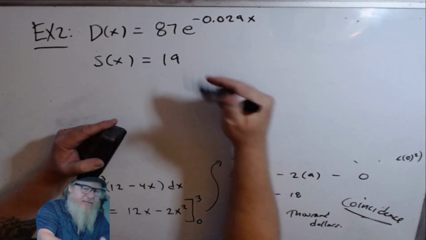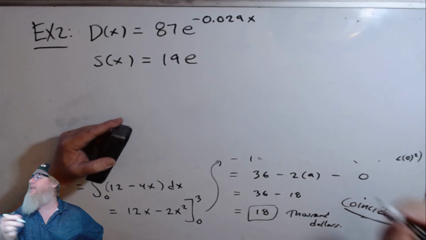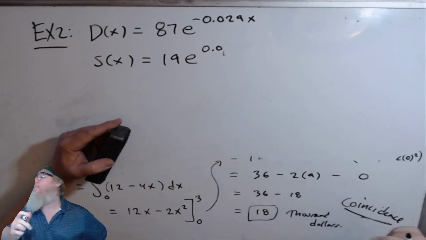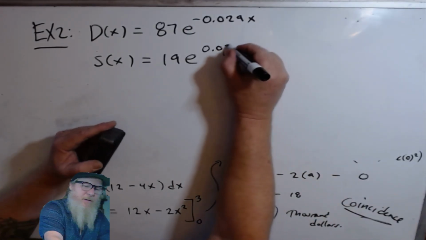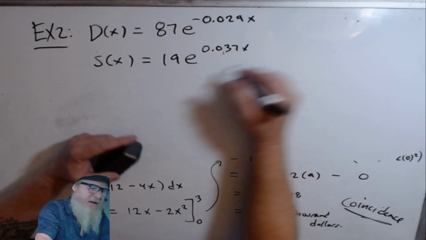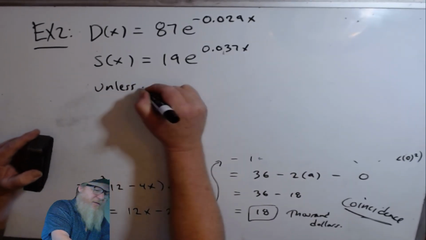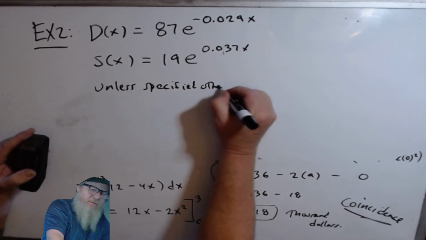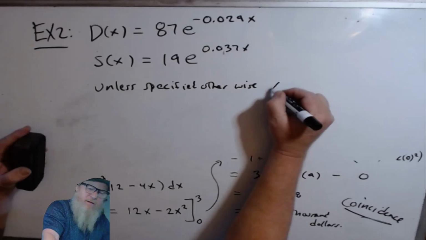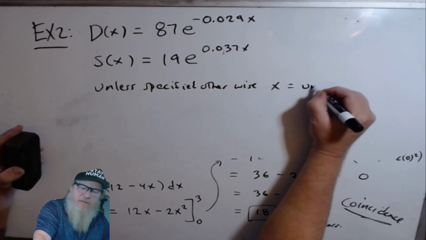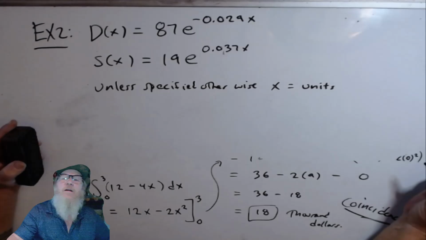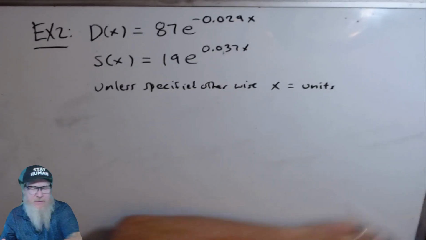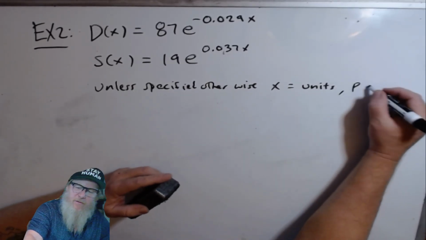Typically demand is decreasing and supply is increasing. And unless specified otherwise, X is in units, right? It's not thousands or hundreds, single units, and P is in dollars.